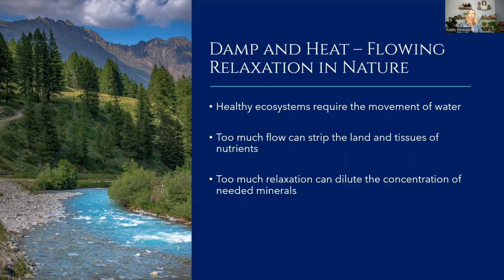So again, this is too much flow. Too much relaxation of the tissues in the body can reduce and dilute the concentration of needed minerals throughout our system, and this can be quite dangerous. This can lead to heart issues. It can lead to very serious nutrient deficiencies. So we want to be really mindful of water that's flowing too fast.